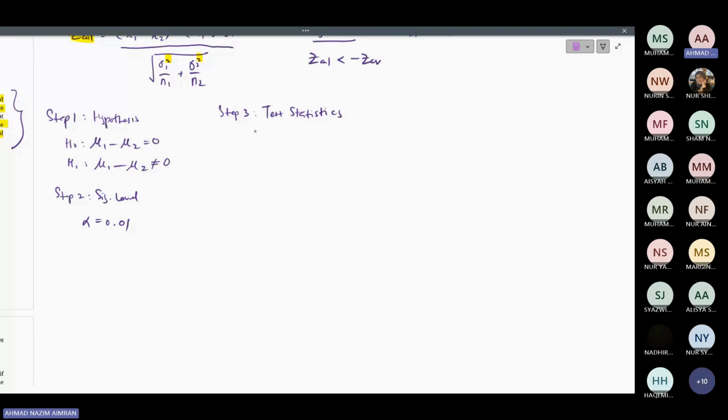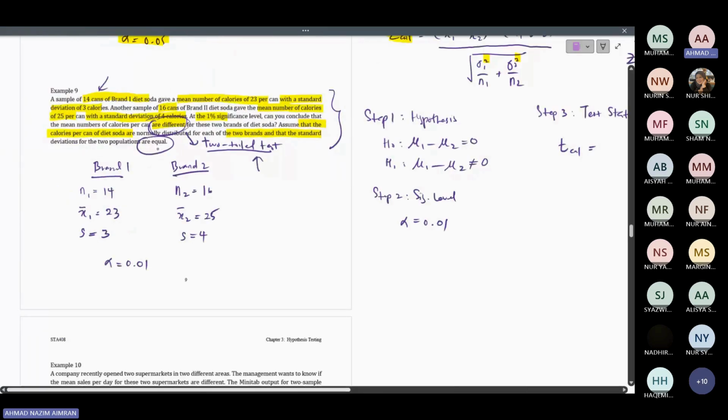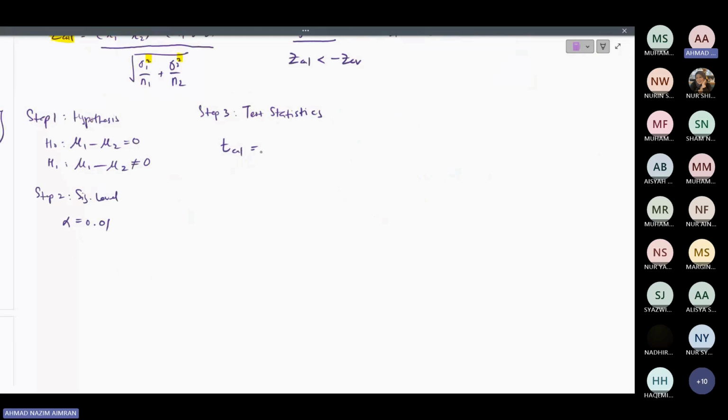Because of that, we need to use the t calculated, not the z calculated. And for this one, it is mentioned in the question that we have equal population standard deviation. So the formula is x bar 1 minus x bar 2 minus (mu1 minus mu2) over pooled standard deviation times square root of 1 over n1 plus 1 over n2.